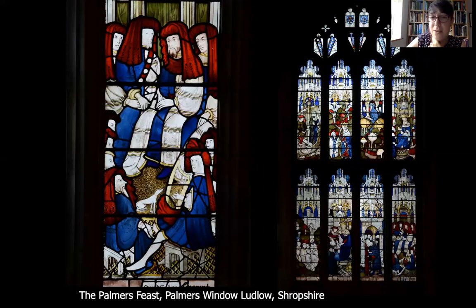And we think that they used St John's Chapel as their kind of private meeting space, so they adorned it, and this window actually celebrates the legend behind the foundation of their guild, so it's particularly significant. And you can see these pilgrim hats that are here on the left.